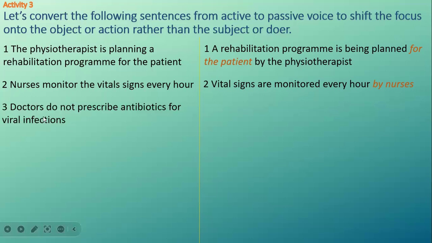Let's try one more. Doctors do not prescribe antibiotics for viral infection. Again, this is simple present. You can take help from this one. When it is simple present, vital signs was plural, so I put are here, and then the third form of the verb.